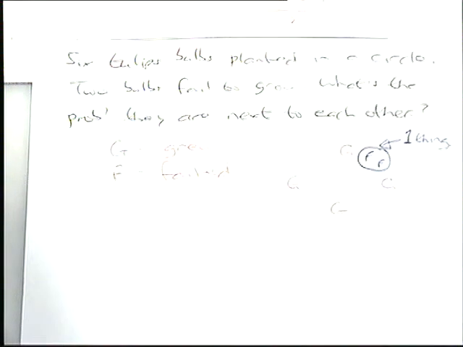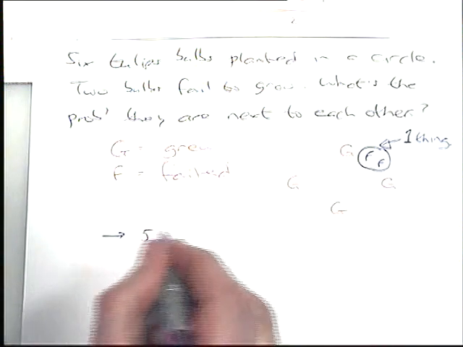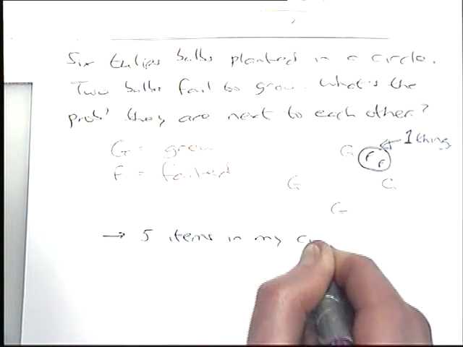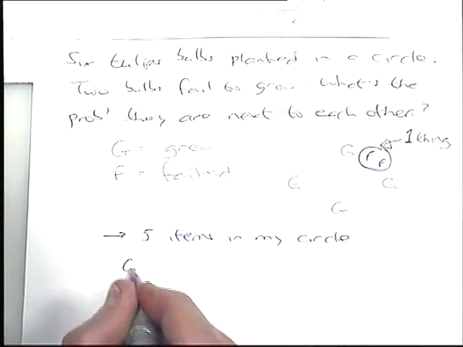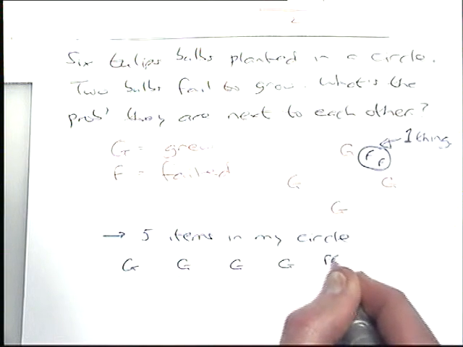How many things are there now in my circle? There's 1. So that gives me 5 items in my circle. Those items are G, G, G, G, FF.